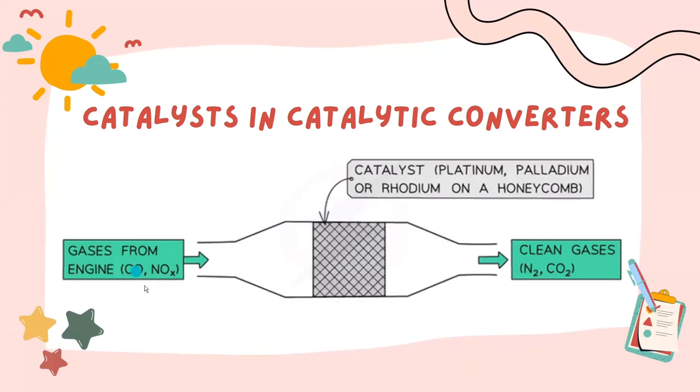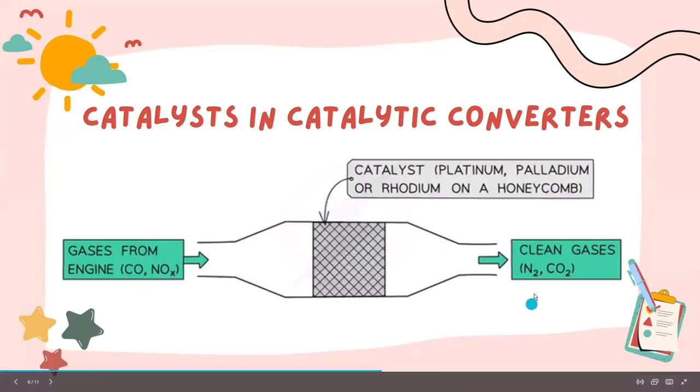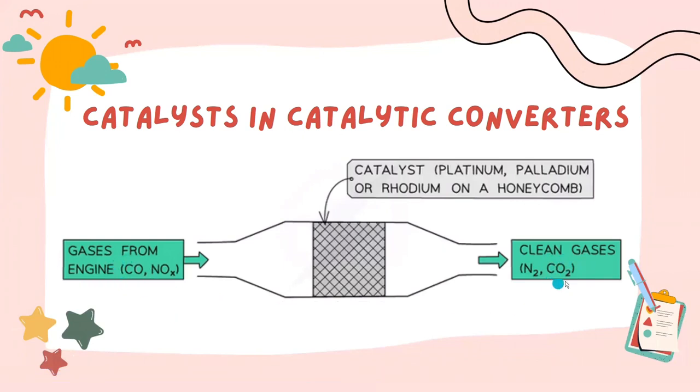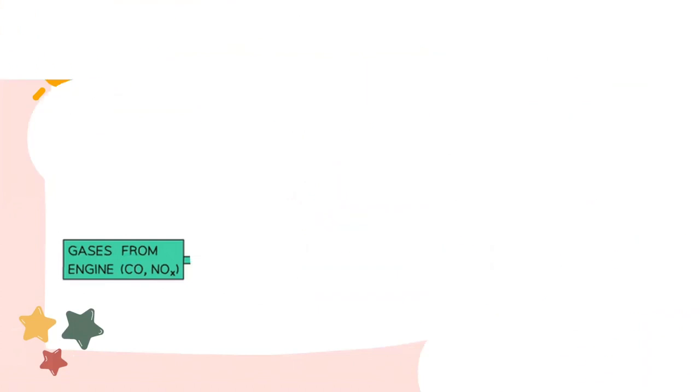As you can see here, the nitrogen oxides will then be converted into nitrogen gas, and the carbon monoxide will be converted into carbon dioxide gas, which I will explain further after this.